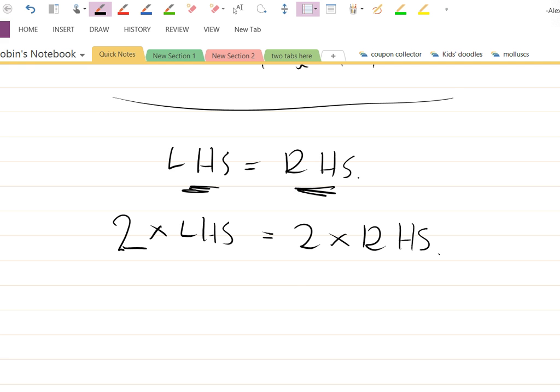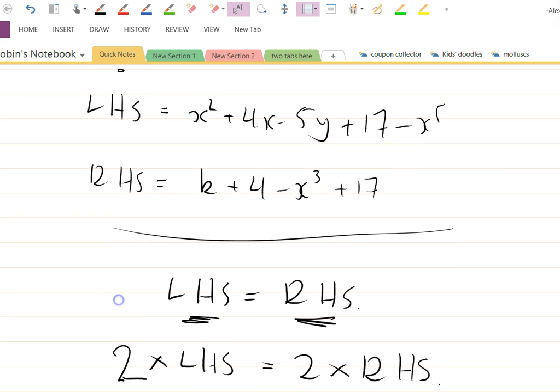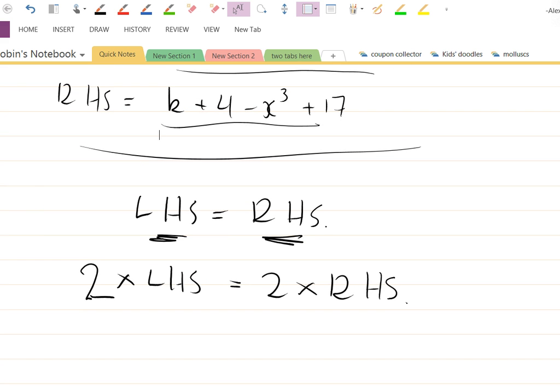It might be complicated, I might not understand it very well, but I know they're equal. And then some guy comes along and doubles both. I had the same before in the left and the right, now I've got twice as much in the left and twice as much in the right. I've still got the same in the left and the right. I might not know how much I've got, but I do know that they're equal.